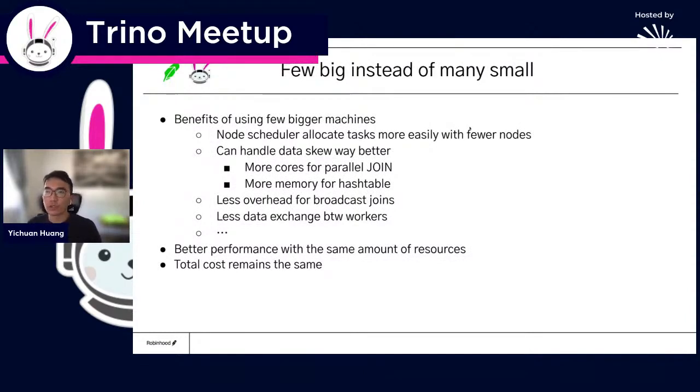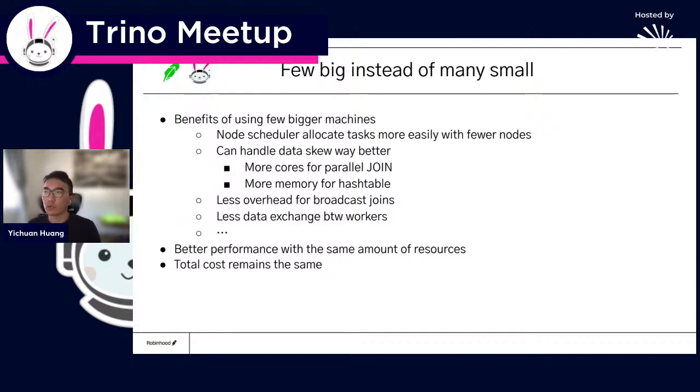So we did some research, and one of the Starburst YouTube videos recommended using fewer, bigger instance types to replace the many-small setup. The benefits of using few bigger machines include, but are not limited to, the node scheduler, which usually runs on the coordinator.